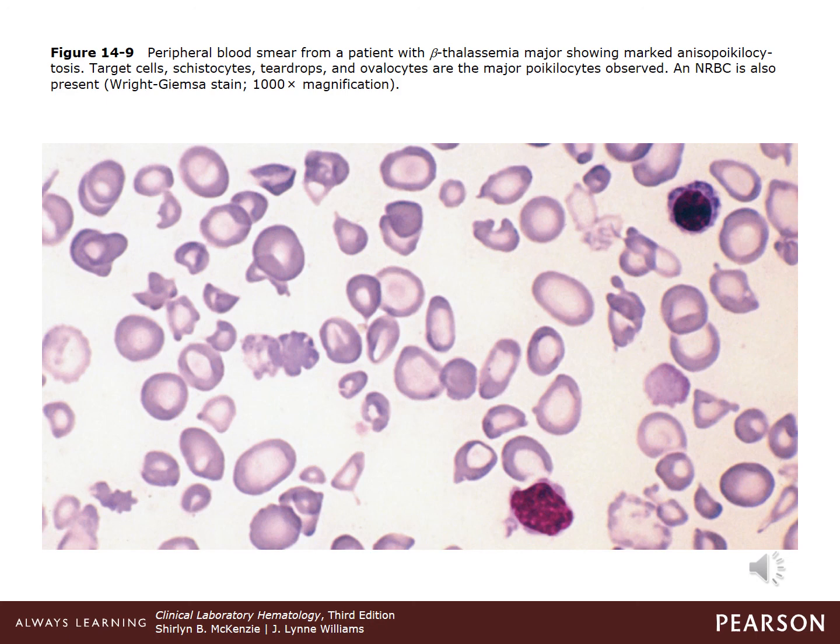Other things you might see, some basophilic stippling. You might see polychromasia due to the bone marrow trying to compensate, and nucleated red blood cells, as you can see in the top right corner there. And again, a lymphocyte for you to see the comparison of the sizes.